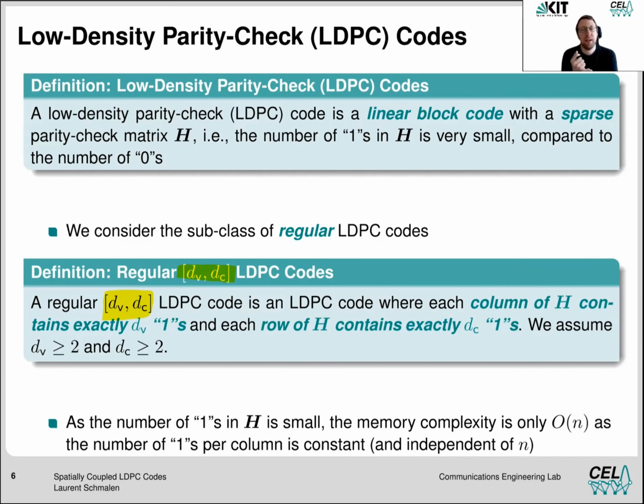And dv and dc are both greater than or equal to 2. So we look at this parity check matrix. Each column has dv ones, and each row has dc ones. And because the number of ones is small and fixed per column and row, the memory complexity for storing this matrix is just O(n).